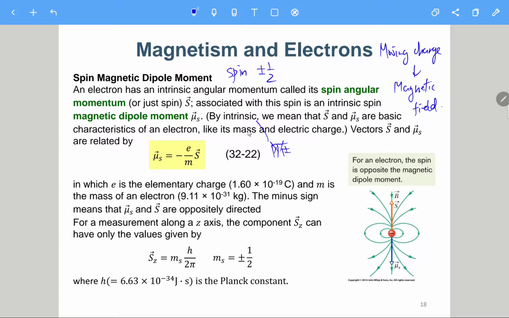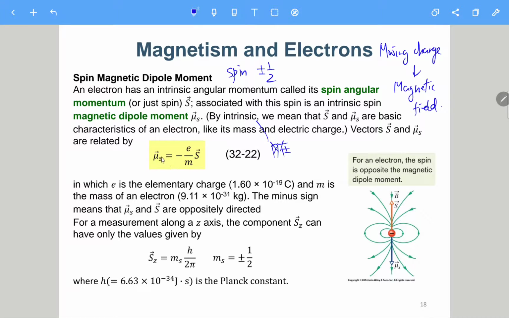As long as we have something else, there will be mass. So the spin and also the magnetic dipole moment already follow the electron. The vector S and mu S are related by this equation. Of course, how it comes out like that, you should really know how to solve the Schrödinger's equation with the relativistic effect. This is way too difficult to explain here.